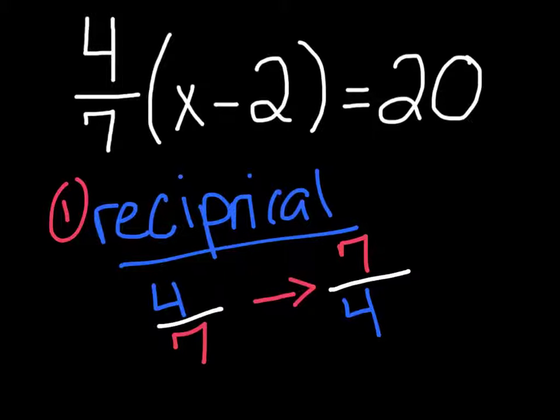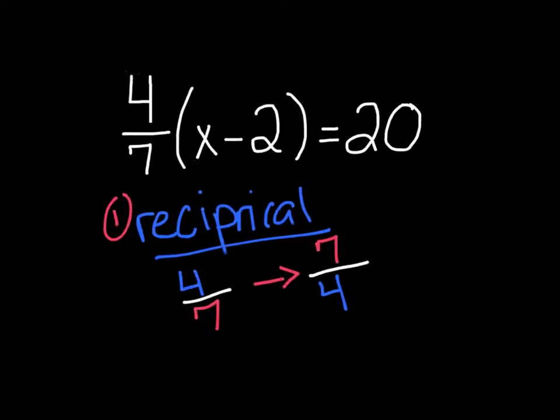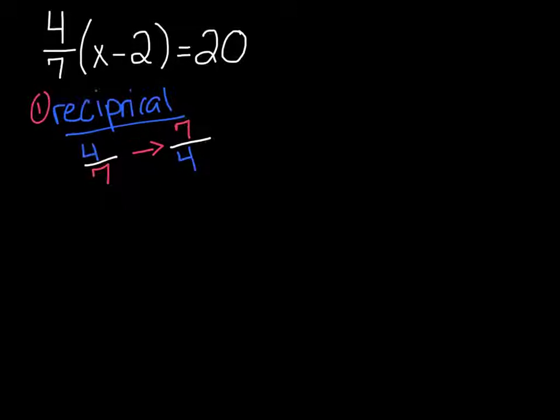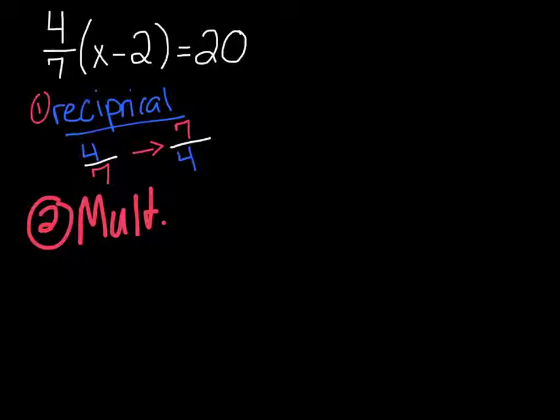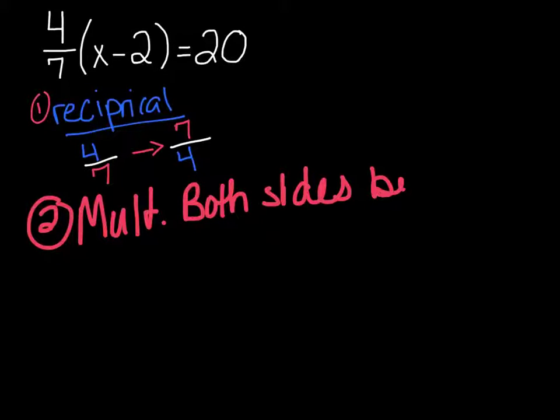Okay? We good so far? Alright, so I found my reciprocal. The second thing I have to do is multiply both sides by my reciprocal. I'm just going to put REC for reciprocal.